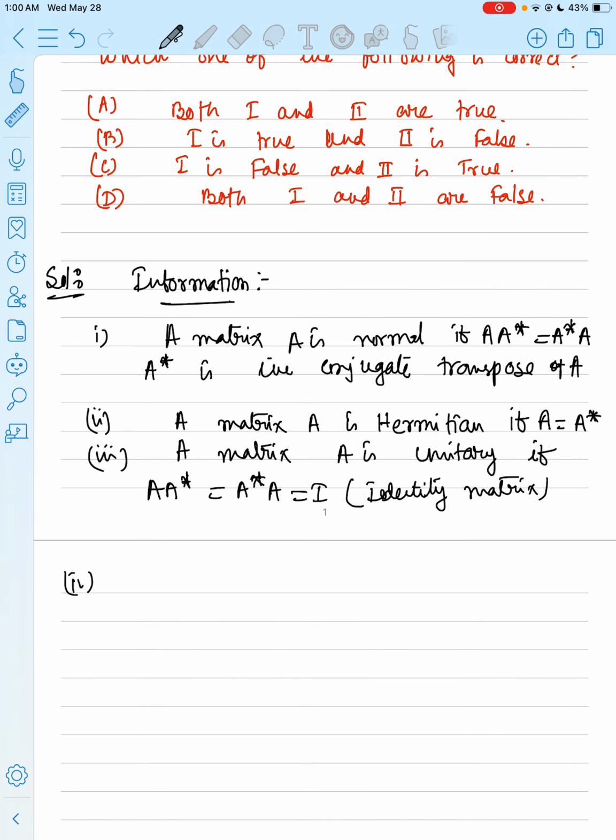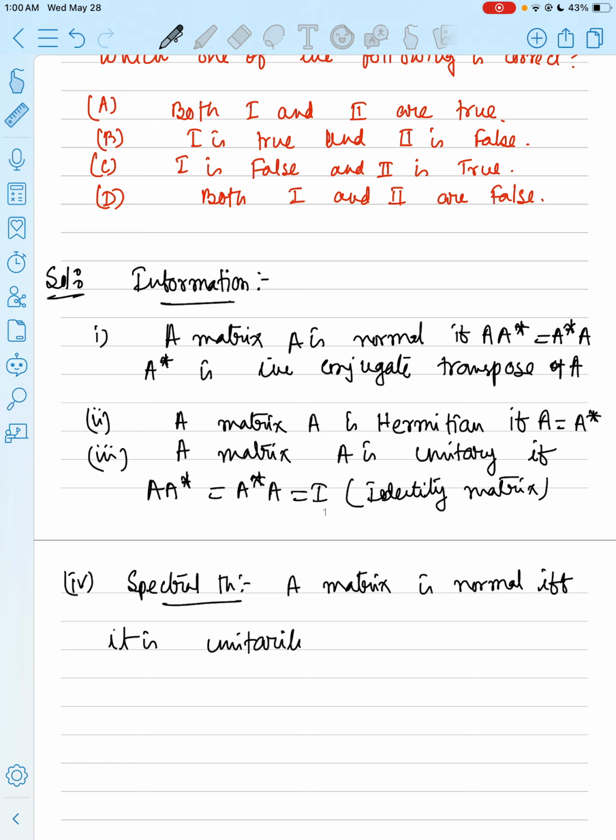And fourth, which is important and which I'm going to use here, is the spectral theorem. The theorem says a matrix is normal if and only if it is unitarily diagonalizable.